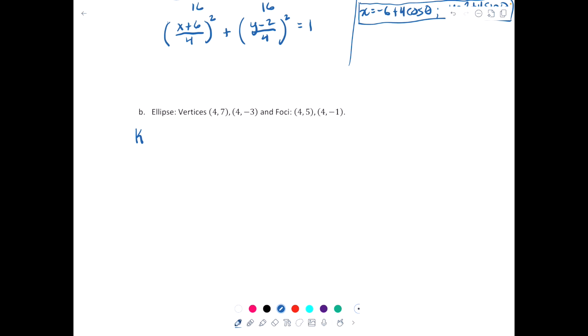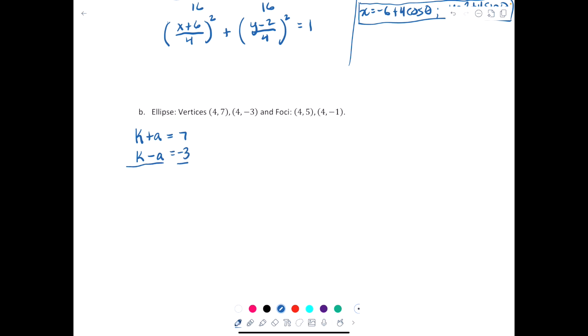And so k + a, remember a is the number in the equation for an ellipse that goes underneath the variable that represents the major axis. So k + a is 7, and k - a is negative 3.